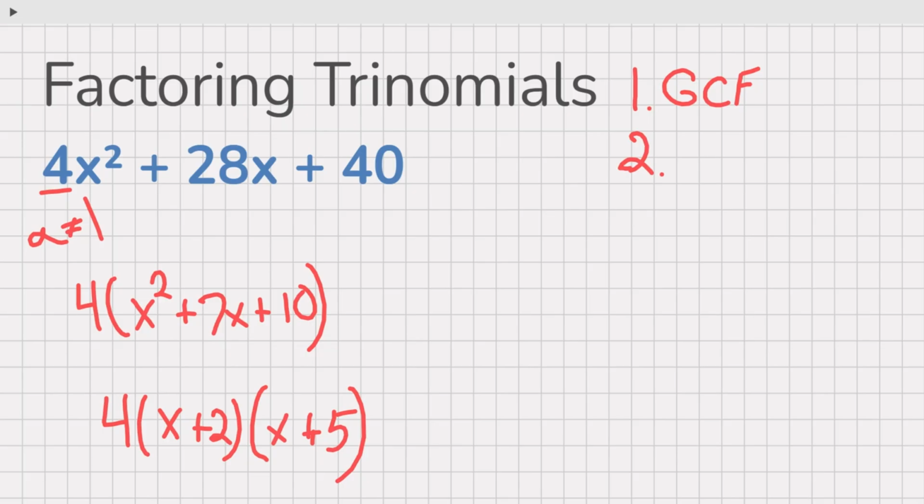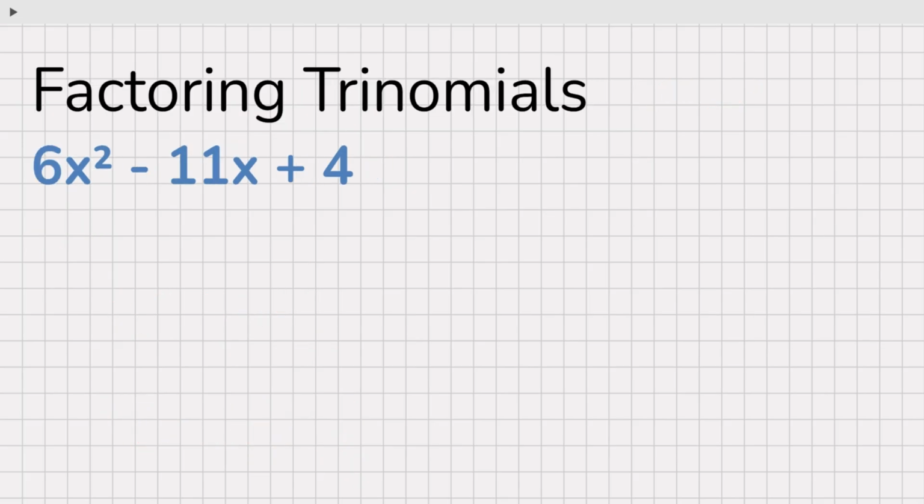But let's look at the next problem where we can't take out a GCF, and which is actually probably the hardest type of problem when it comes to factoring trinomials: 6x squared minus 11x plus 4. Now, you might notice that a is not 1. You need to see if this 6 can be factored out of all of the other terms. But here, negative 11 and 4 are not divisible by 6, so I can't take a GCF out.